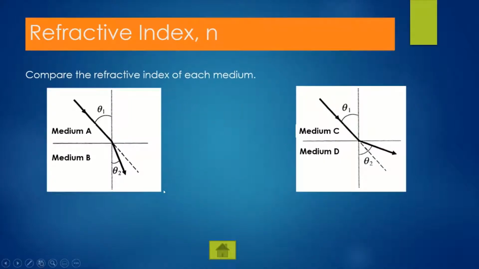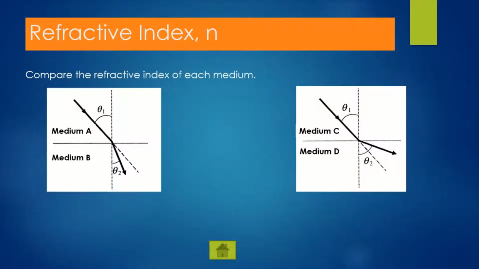Okay, let's look at this picture on the left. You can see that light is refracted towards normal, so the angle of refraction is smaller than the angle of incidence. So immediately we know that B is denser than A. When we say B is denser than A, we actually mean optical density.